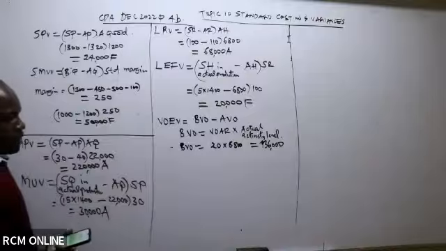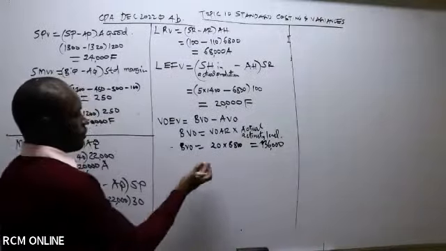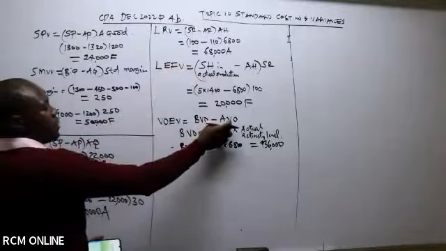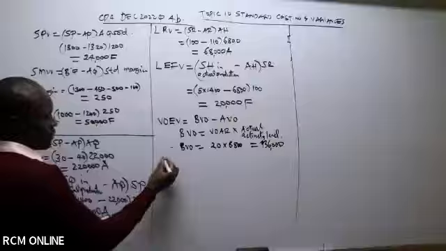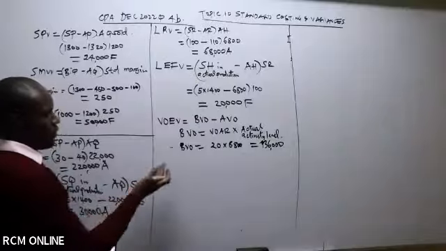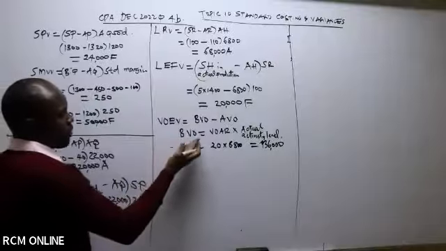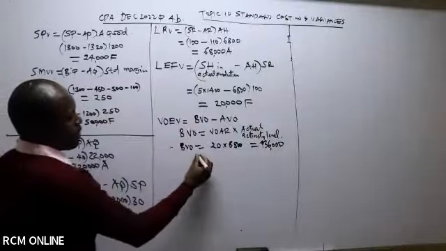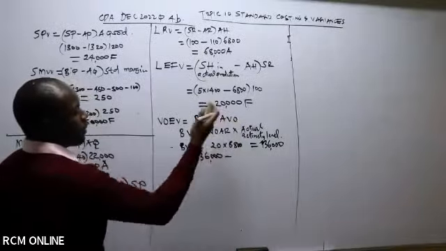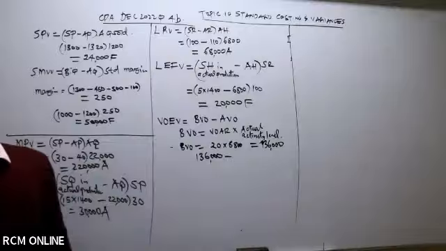We have 136,000 as the budgeted variable overhead, and of course we have actual variable overhead. Variable overhead expenditure variance is budgeted variable overhead. They budgeted to spend 136,000. They ended up spending the actual variable overhead. Do we have that in the question?